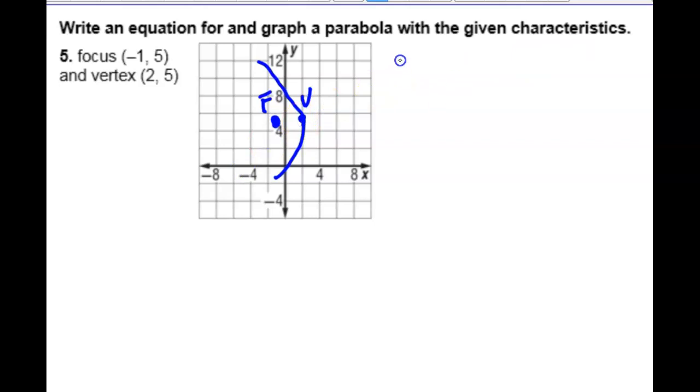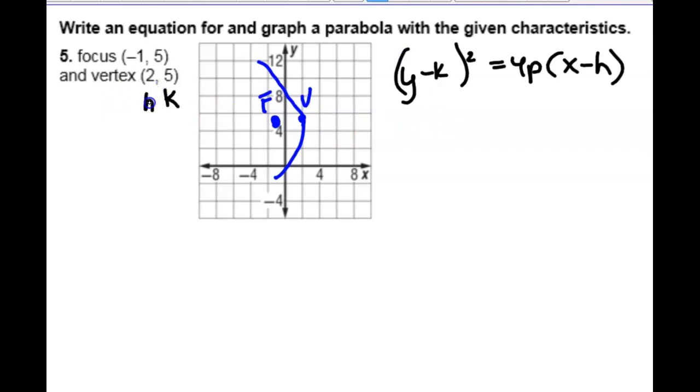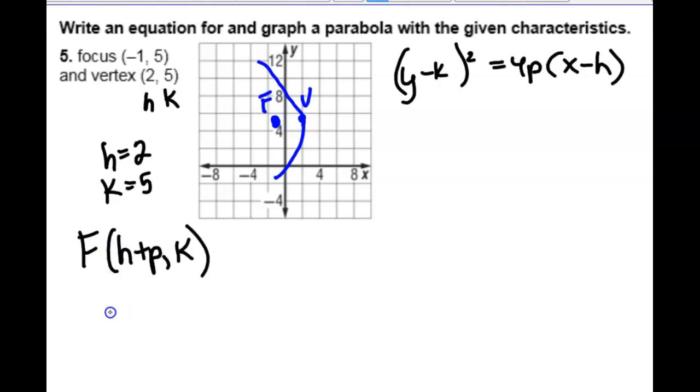So what else can you tell me? General form would look like y minus k squared equals 4p x minus h if it opens left and right. What else can you tell me? H is 2, k is 5. Okay, when it opens sideways, the formula for focus is h plus p comma k.